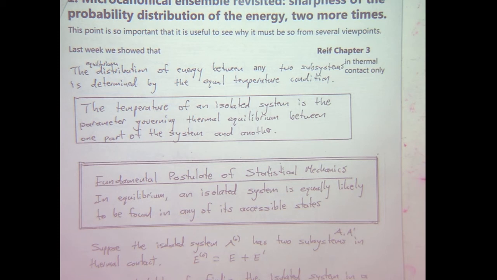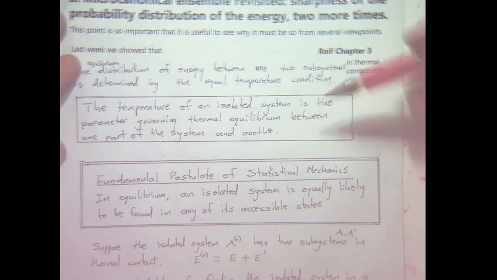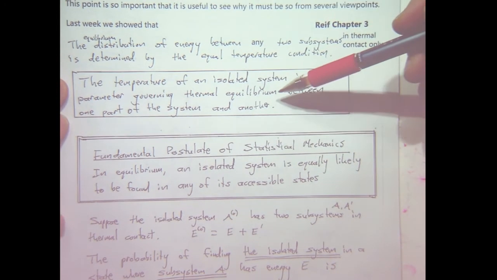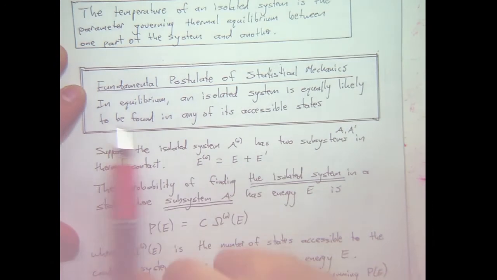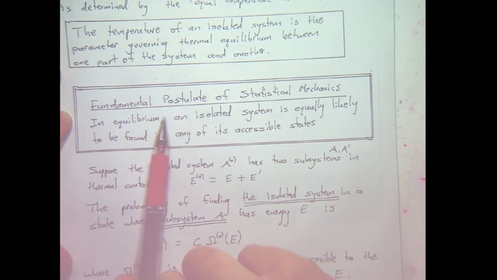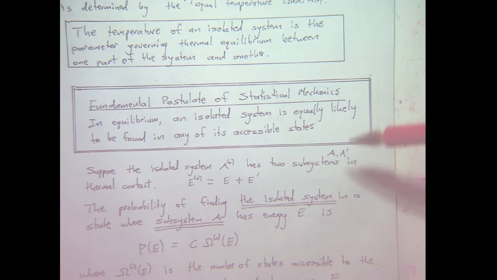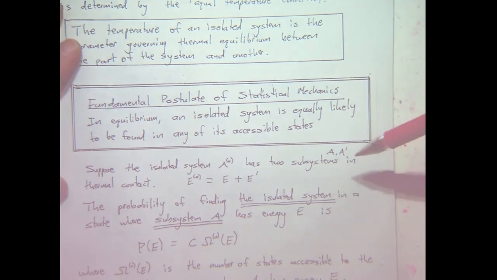Any way you divide up the isolated system, they have to be in thermal equilibrium too. So that means that the temperature has to be even throughout. And just reminding you of the fundamental postulate of statistical mechanics: in equilibrium, an isolated system is equally likely to be found in any of its accessible states.